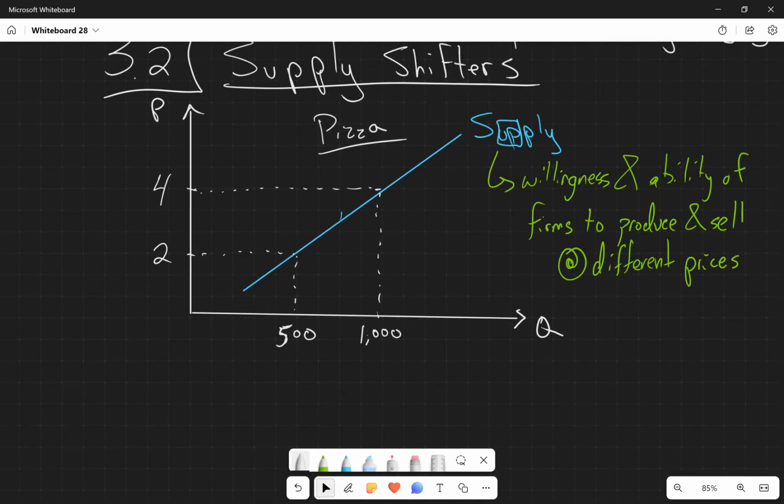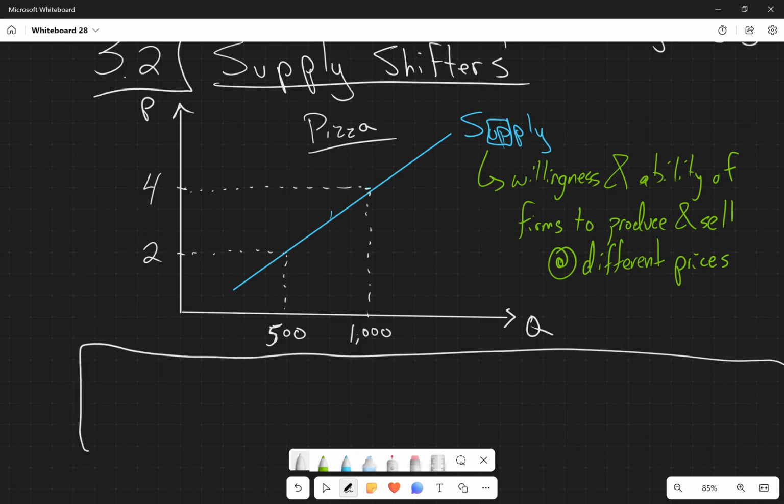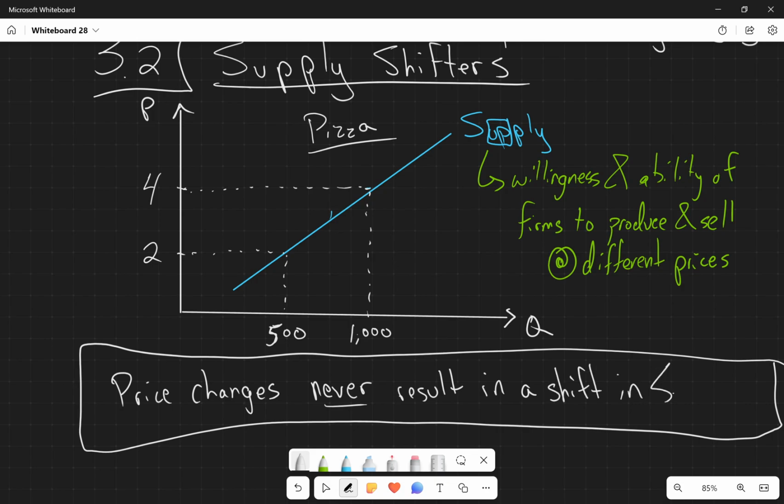So just like with demand, it's important for us to keep in mind that price changes never result in a shift in supply. Why?